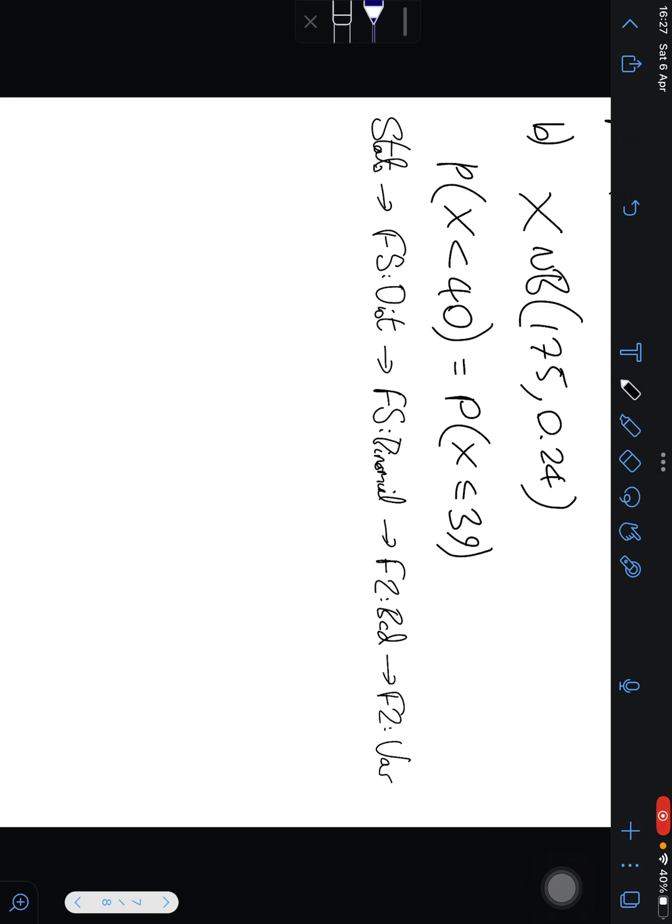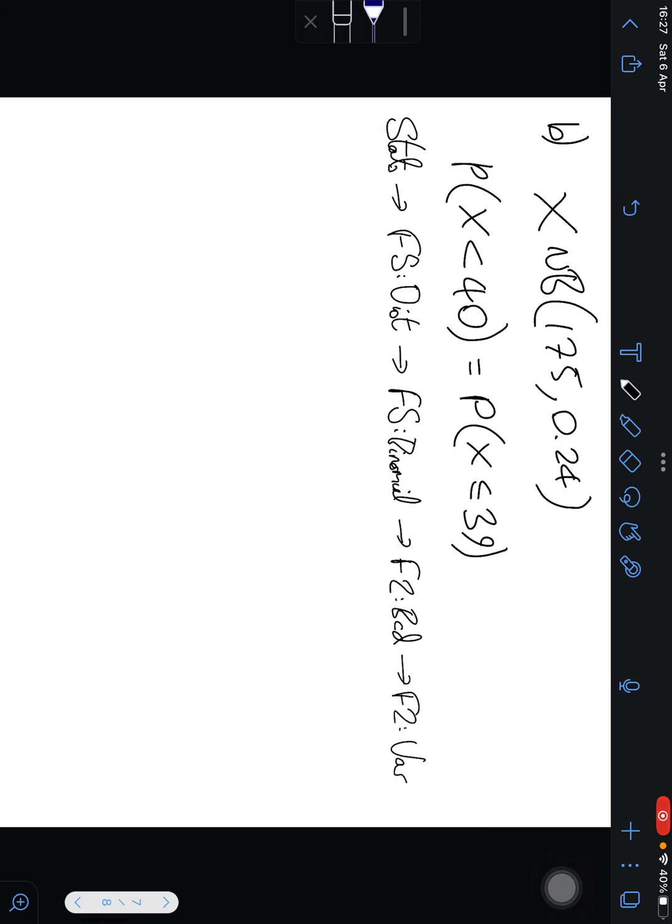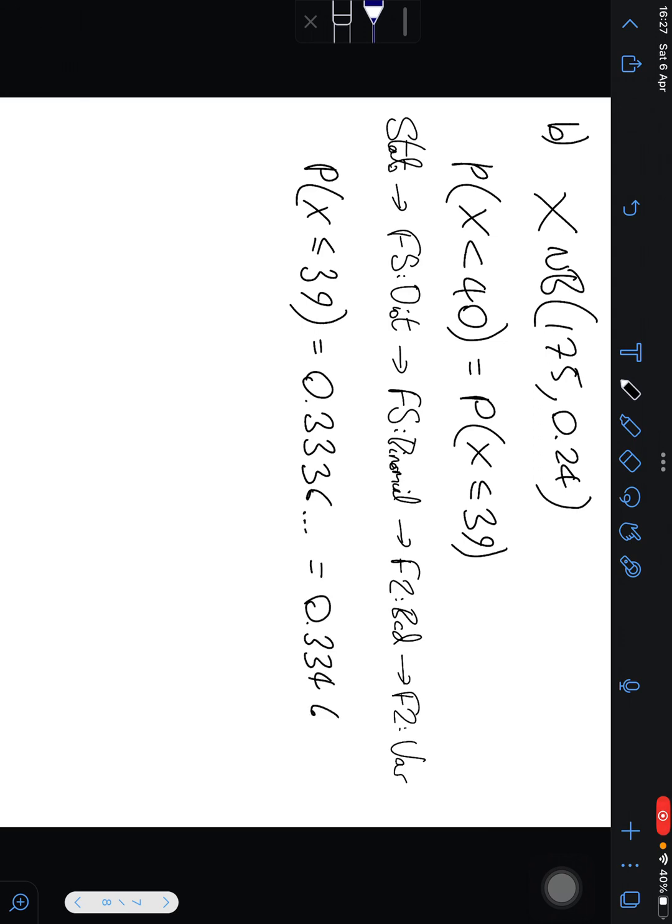And so when I execute that, I get P of x less than or equal to 39. Remember, that's what we're looking for, is 0.3336..., which is the same as 0.334 to 3 s.f.